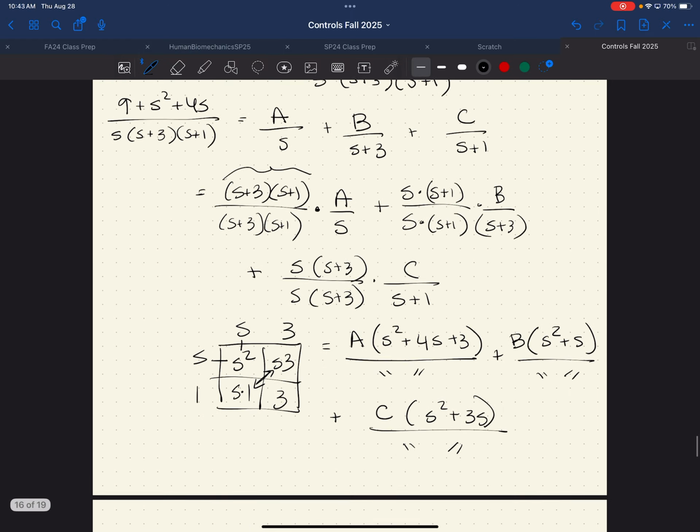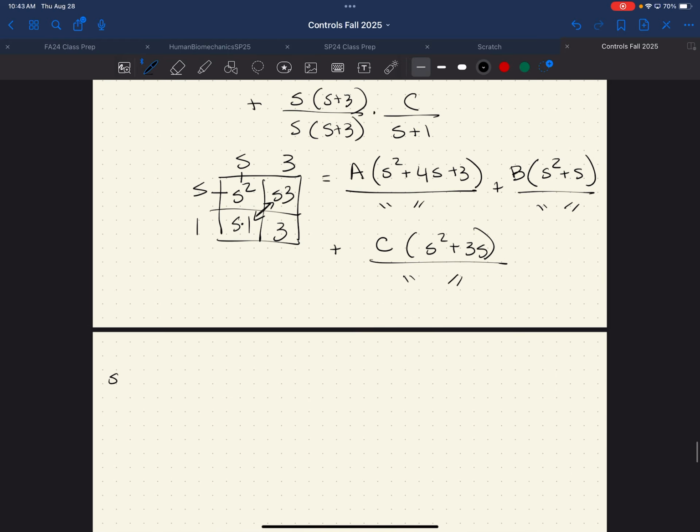So I have s squared plus 4s plus 9 over here, equal to everything that multiplies an s squared plus everything that multiplies s and a constant. So we should have a plus b plus c, if I did that right.